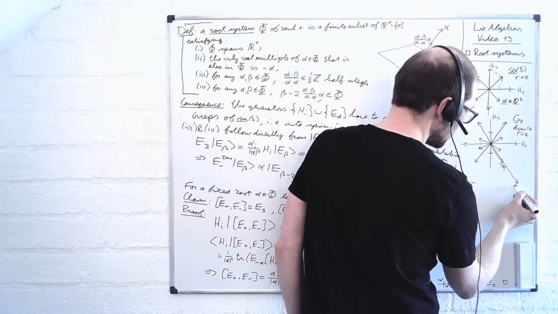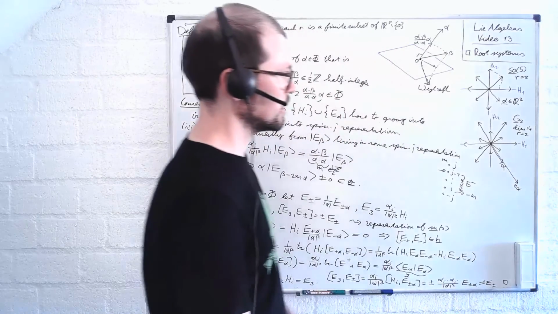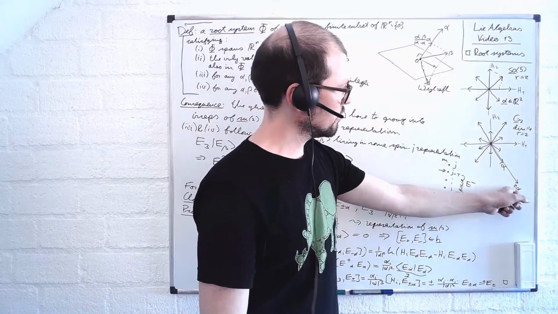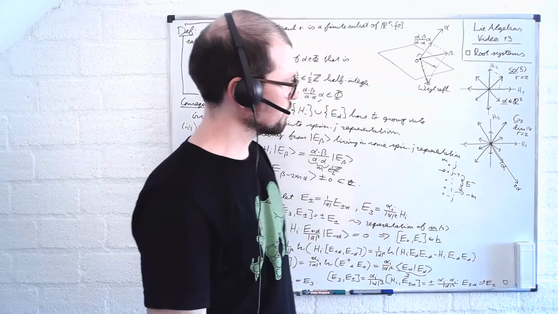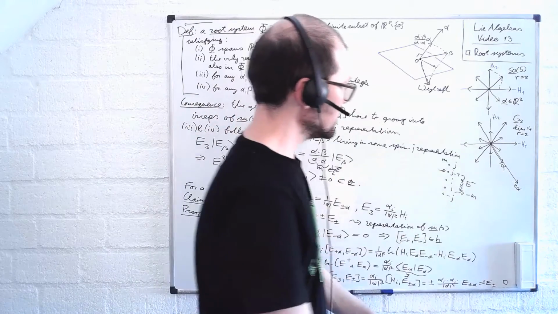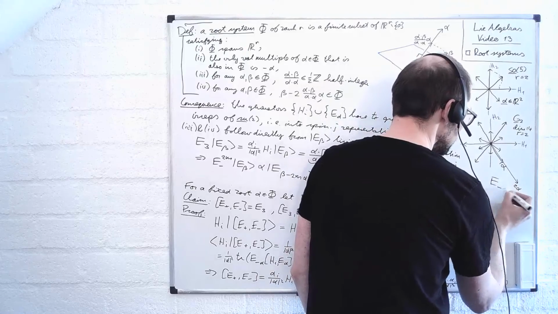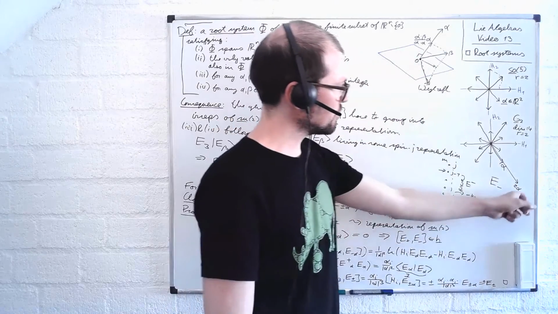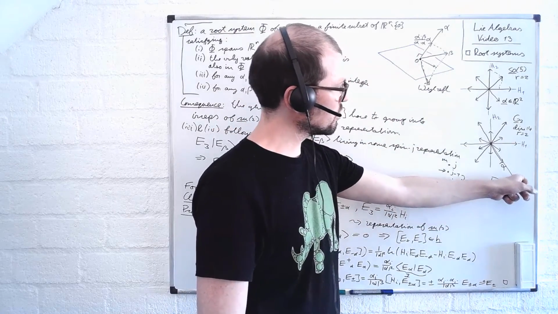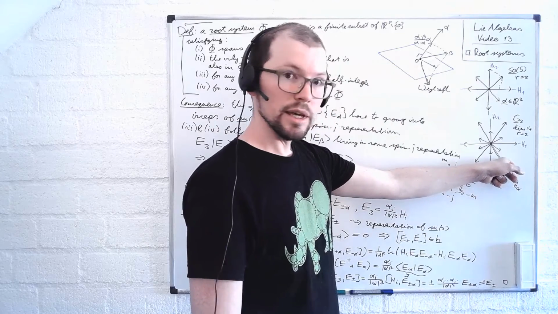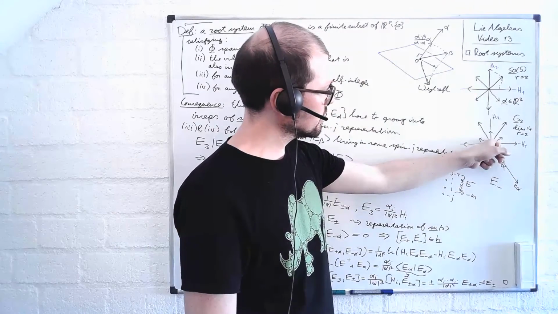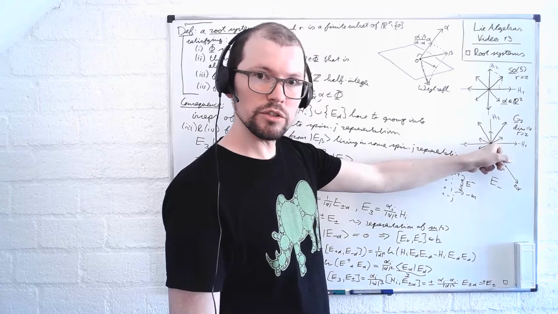So suppose I would have another vector that is twice as long as alpha. Then I could use E minus on this vector to lower it towards alpha and then lower it further until it has weight 0, so it is in the origin.